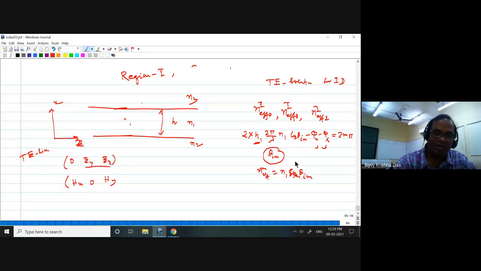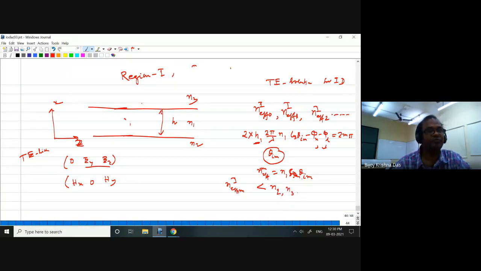I can get as many solutions as I want, and at some point, maybe the mth solution in region 1, you will see that n effective is less than n2 or n3. Suppose you are getting an effective index which is less than n2 and n3.